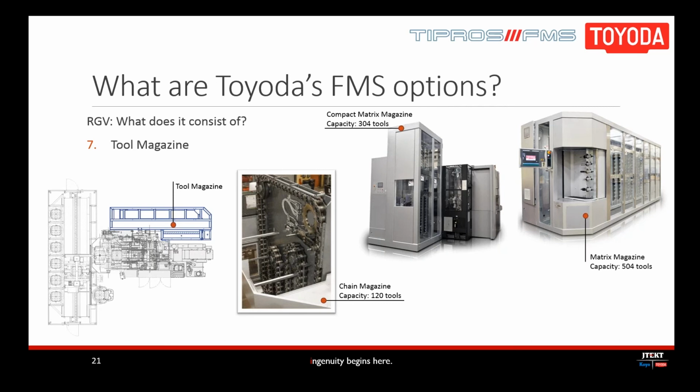A matrix magazine will give you that capacity. You may want to consider a matrix tool magazine. A compact matrix magazine is a smaller option. It holds up to 304 40 taper tools. The larger matrix magazine can hold up to 504 50 taper tools.